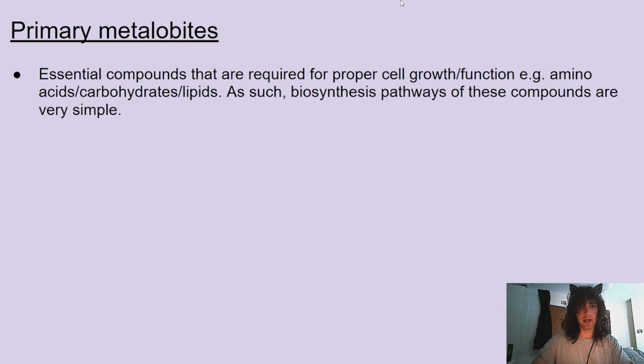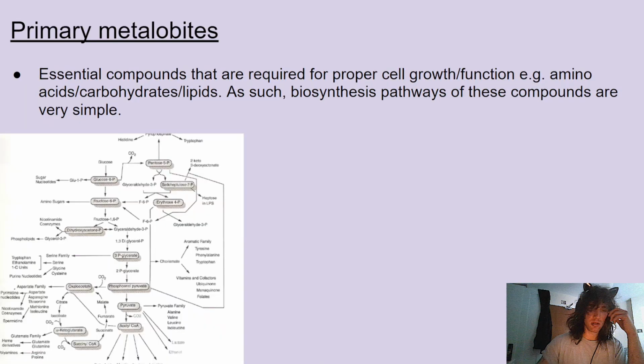Okay, so primary metabolites are essential compounds, your carbohydrates, your lipids, and as such, these biosynthesis pathways are very simple, or at least should be. And here you have a very complex biosynthesis pathway, and as you can see, these highlighted molecules are your 13 primary metabolites.